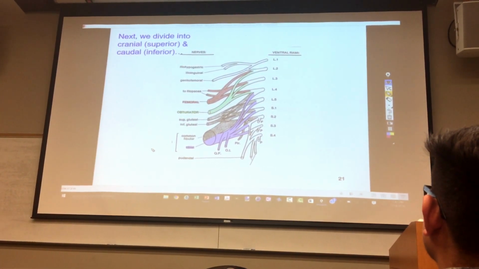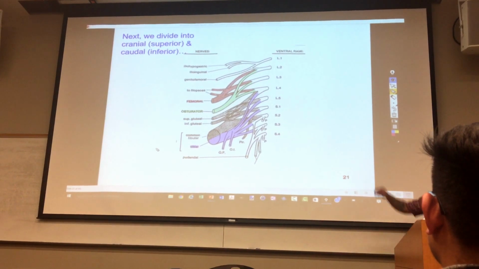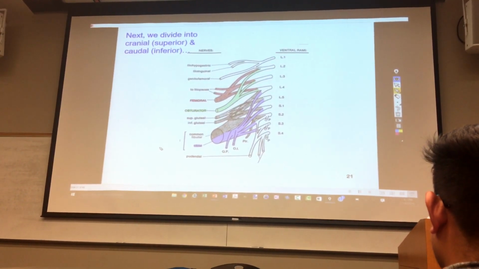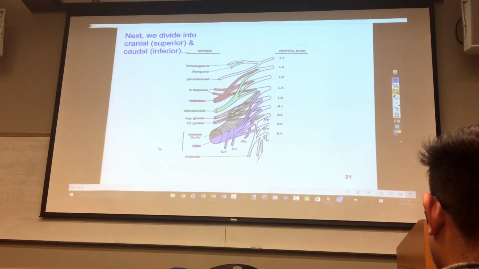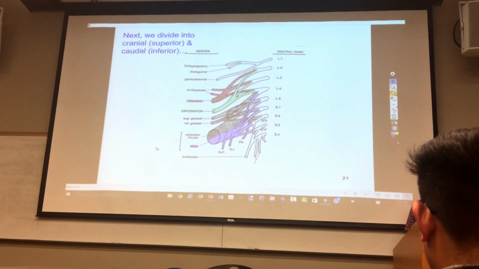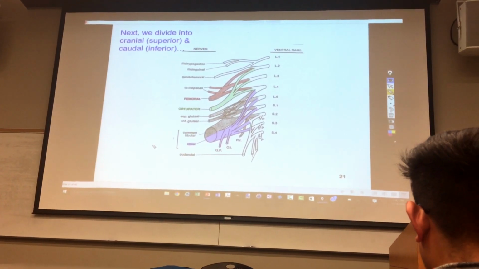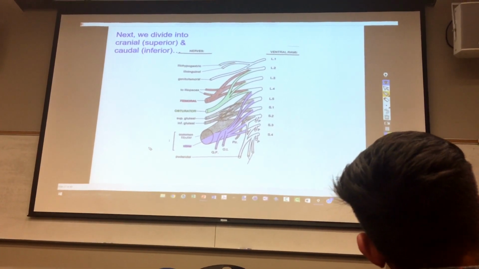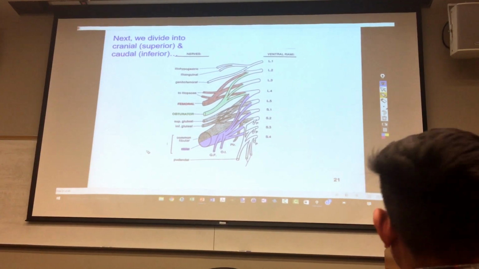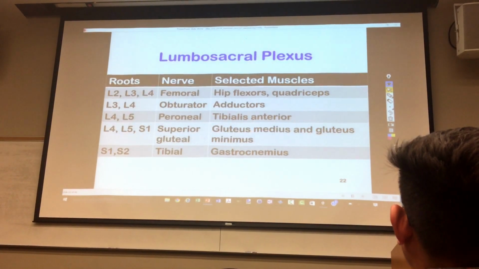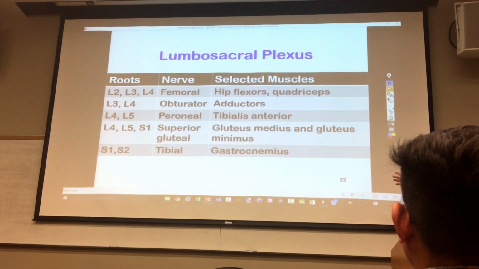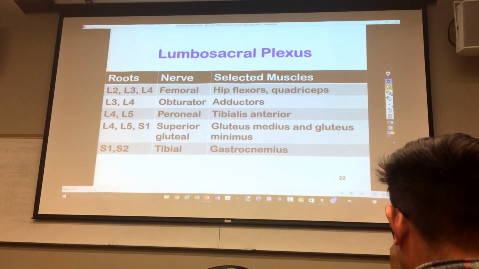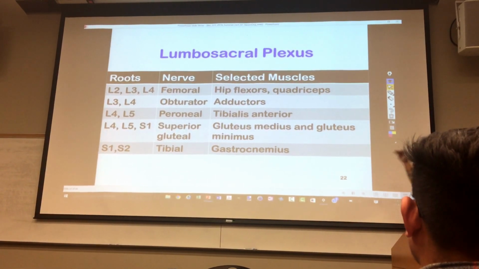So what we can see is if we understand this, you should be able to tell that there are certain segments, L2, L3, and L4, which contribute to your femoral nerve, right? L2, L3, and L4, which contribute to your obturator nerve, right? So understanding that, you should be able to understand that those particular segments are going to then innervate particular muscles.